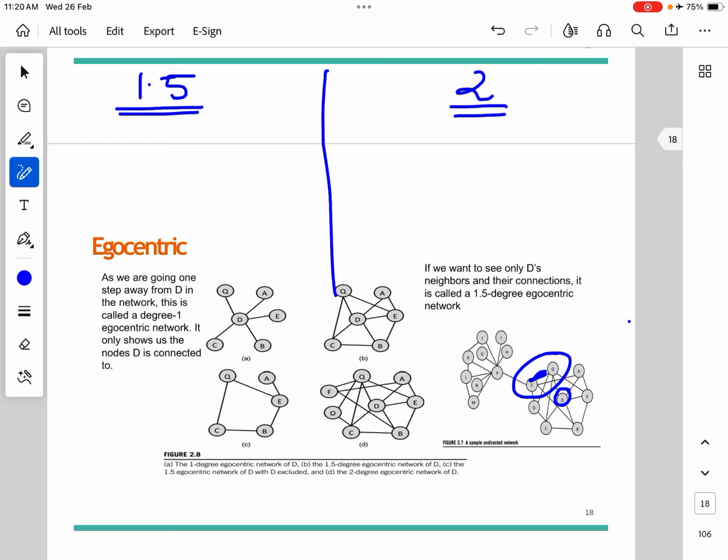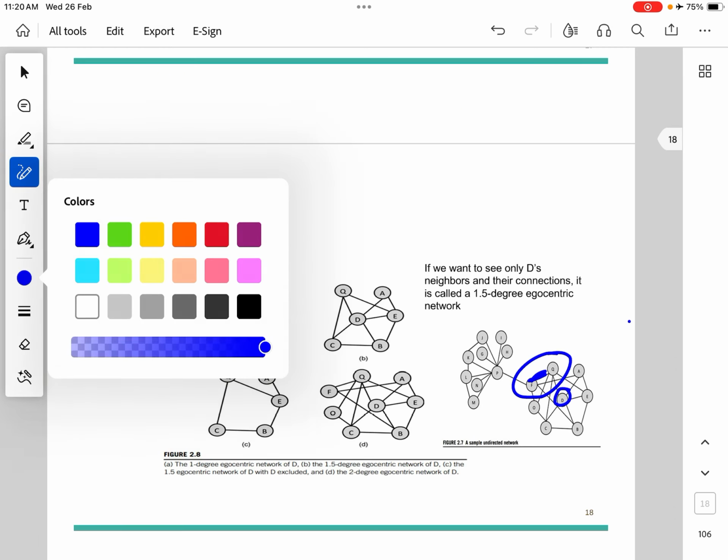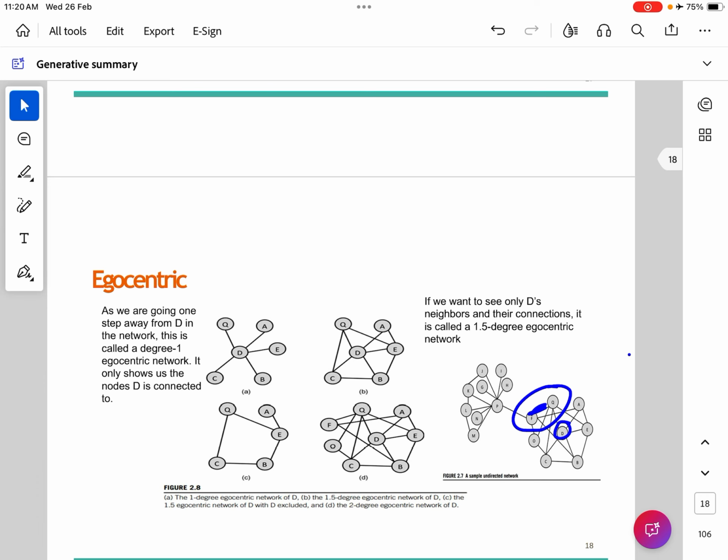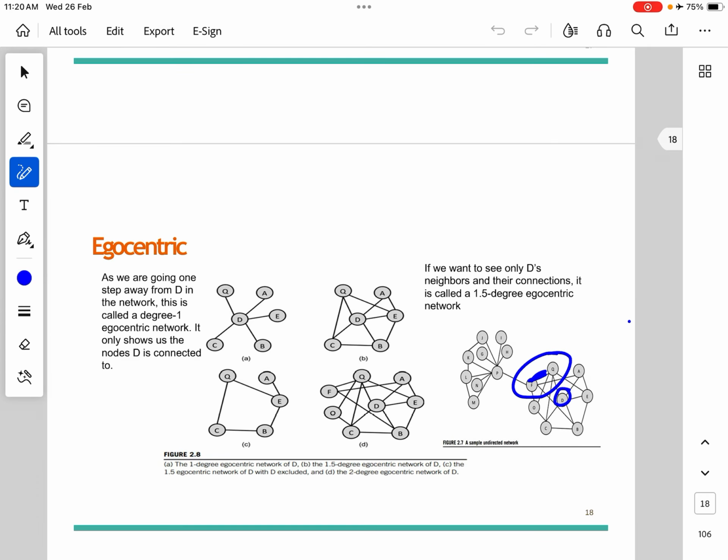So for a 2 degree, let's see the diagram. We will have D here, this entire diagram will come, but F will also be connected to P. So this P is missing over here.